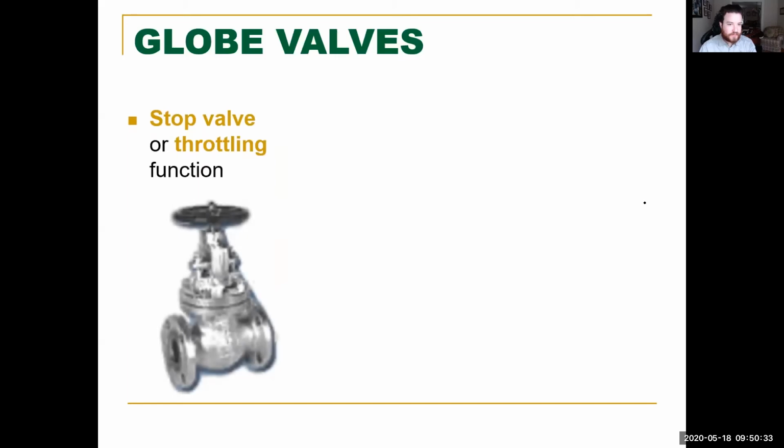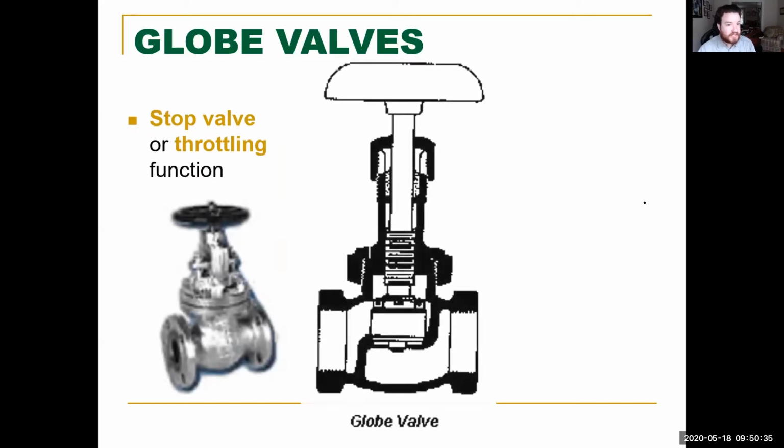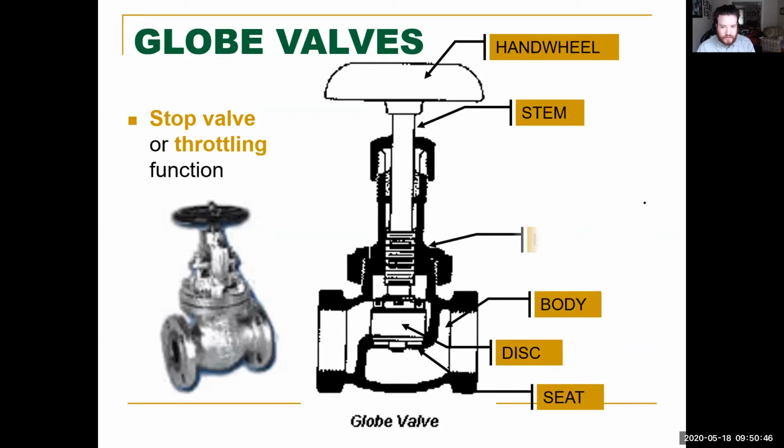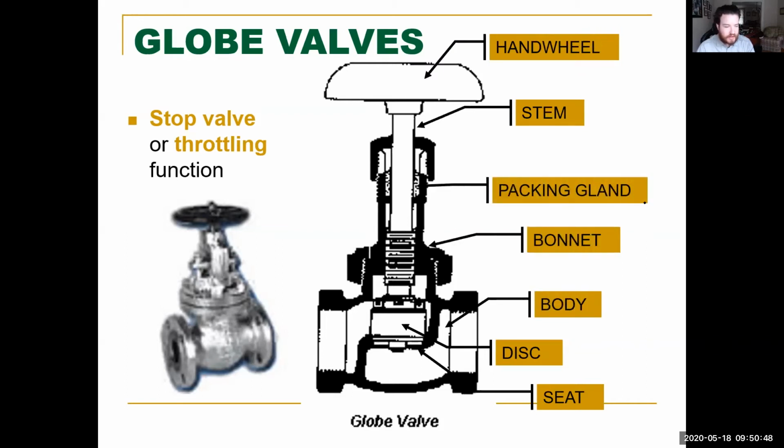Globe valves. These things, again, are stop valves or throttle function. You have the seat, the disc, the stem, the hand wheel, the body, the bonnet, and the packing gland.